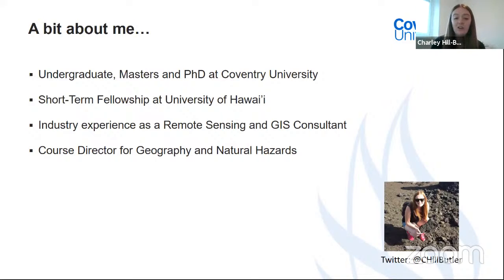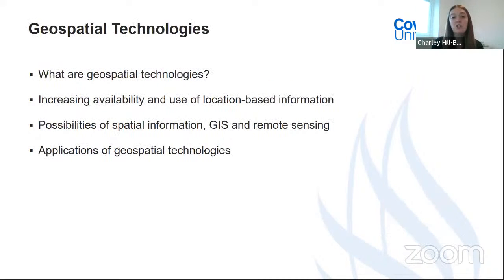As I said, I've got two hats: the remote sensing hat and the natural hazards hat. Today we're going to focus on the remote sensing, geospatial technologies and GIS side of things. To start off, we're going to explore what we mean by geospatial technologies.